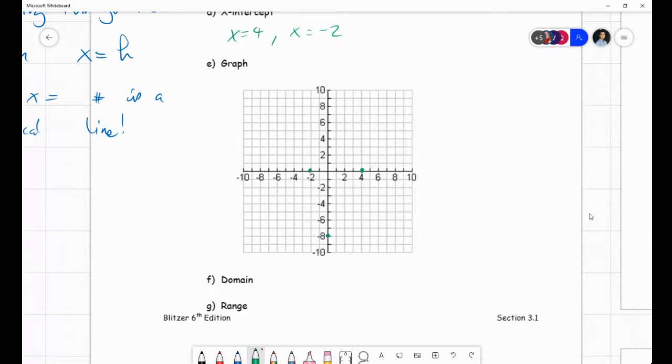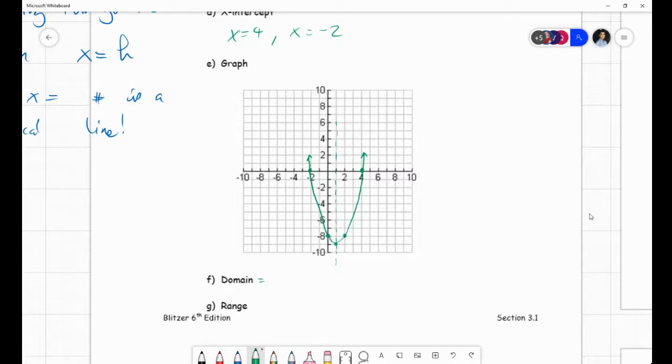And it looks like my vertex is at 1, negative 9. So now I have enough, right? Here I'm also going to sketch the axis of symmetry. That means that I have an additional point I can use right here because I took this point and reflected it over to the right. Now you can see I can draw my graph, now that I have 5 reference points.